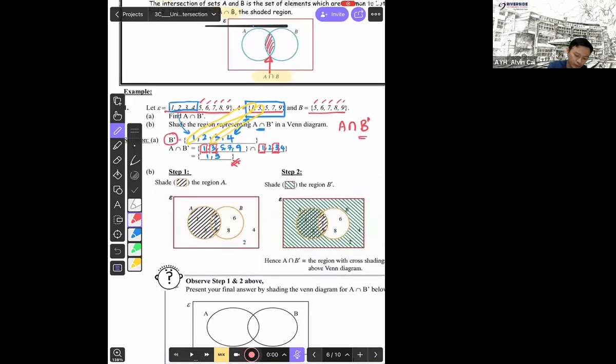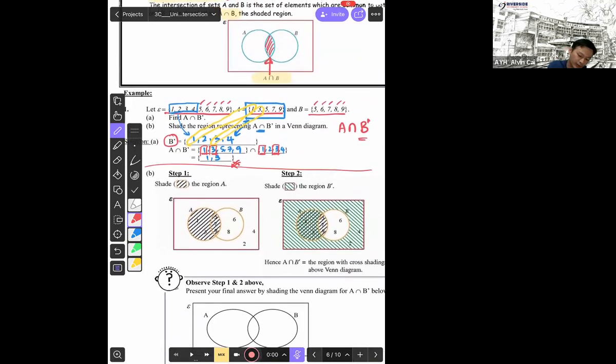Just now we went through method number 1, using the listing method, where we can find the common elements. Method 2, the one below, is by drawing using the Venn diagram. Sometimes if they don't indicate which method to use, you can use either one of the methods.